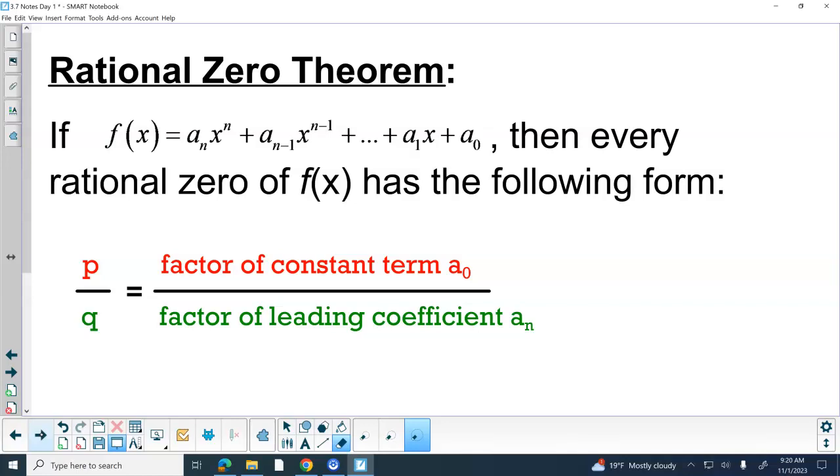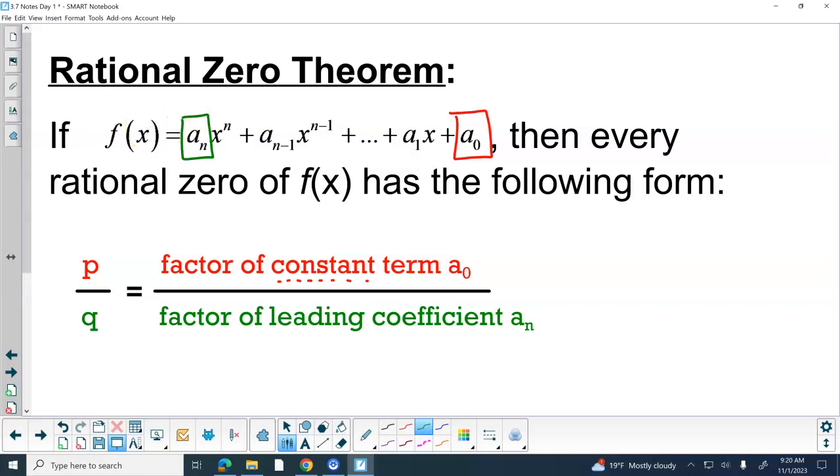So any of the rational zeros of that function come in the following form. It's got to be a factor of the constant, that's the last number that comes out, divided by a factor of the leading coefficient.